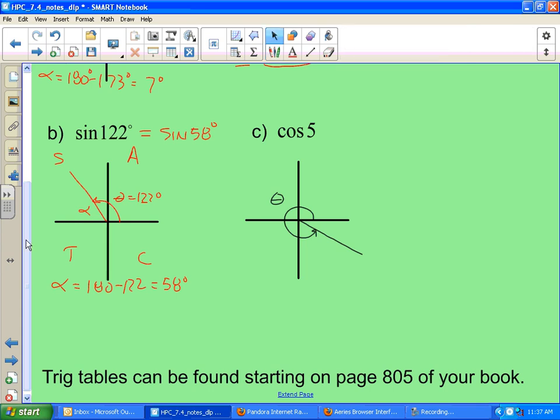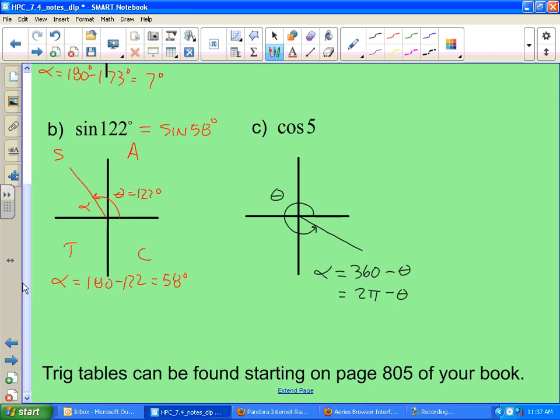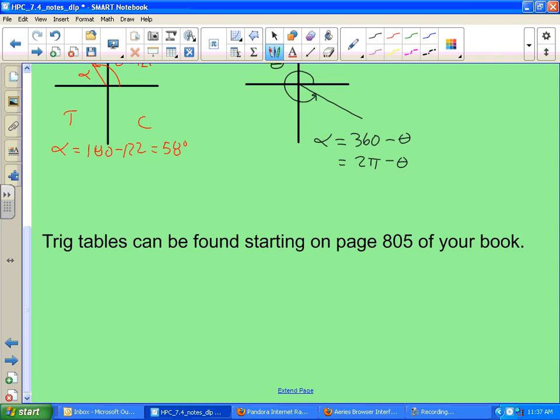So how do we go about finding the equivalent reference angle for radians? Well, it's the same concept. In quadrant 4, we said it was normally 360 minus your theta. But now we're talking about 2 pi minus your theta. And because we have a radian given to me in decimal form, we're going to convert 2 pi to decimal form and get 6.28 minus 5. Means I have a reference angle of 1.28 radians.